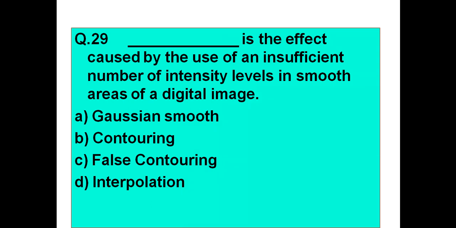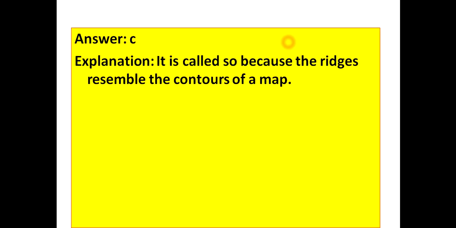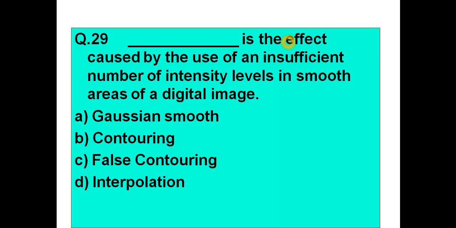This is again a very important question. You need to find out the technique which is the effect caused by the use of an insufficient number of intensity levels in smooth areas of a digital image. The answer to this question is C, that is false contouring.